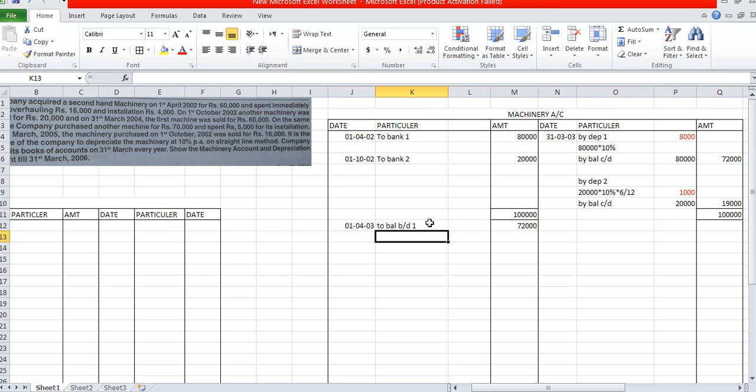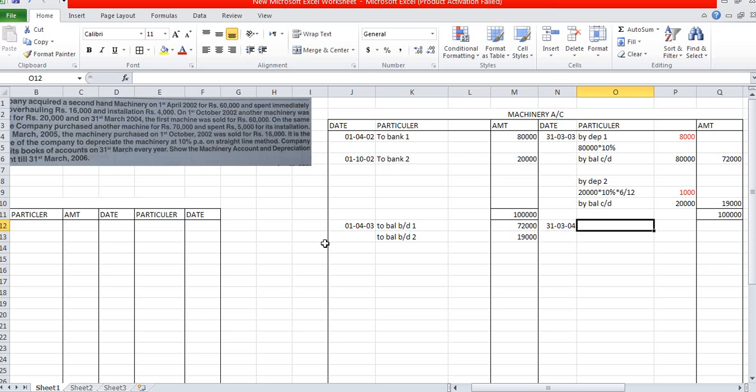And to balance brought down, second machine is 19,000. For the next year, 31st March 2004. This one is 2003 April, here it is to 2004, 3 to 4.